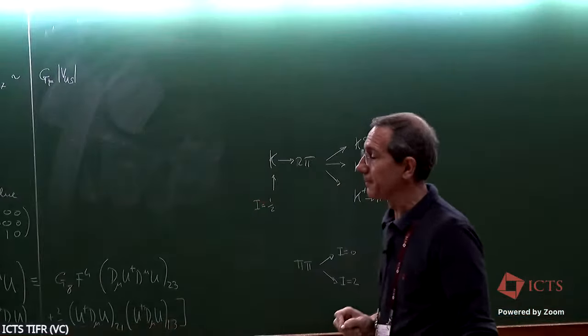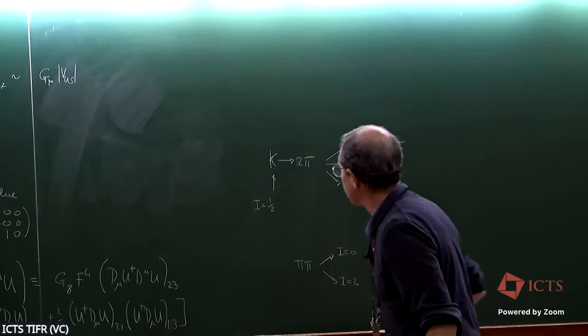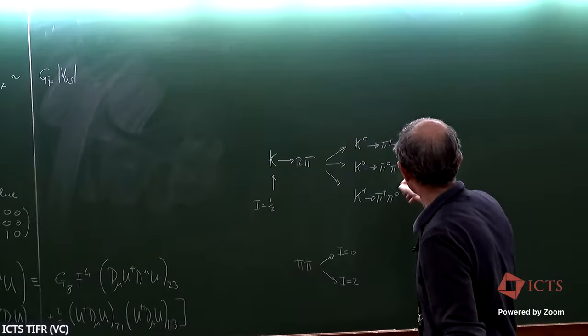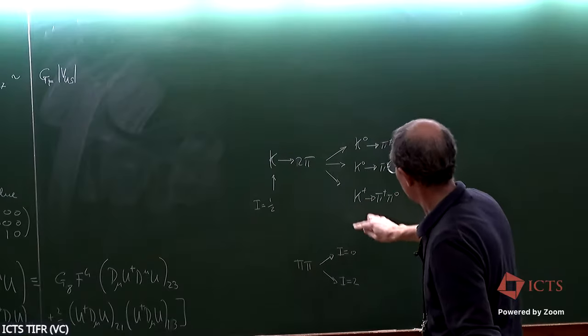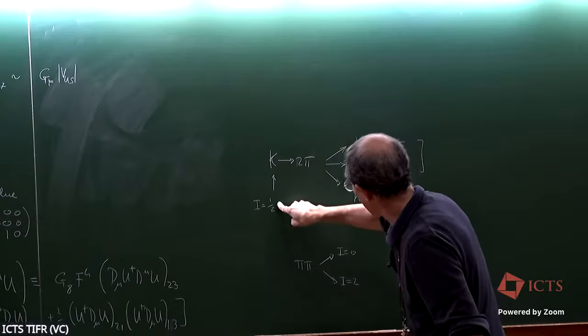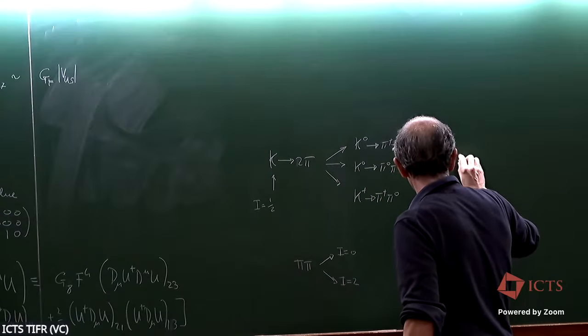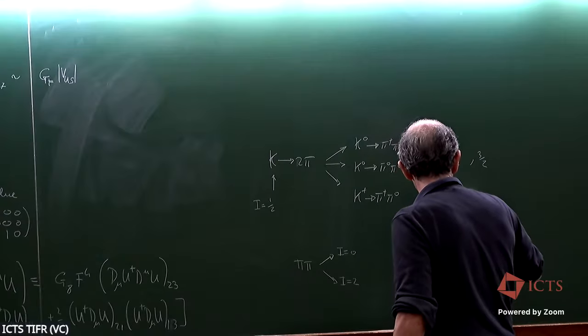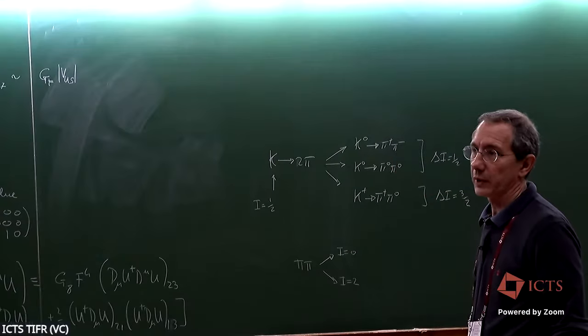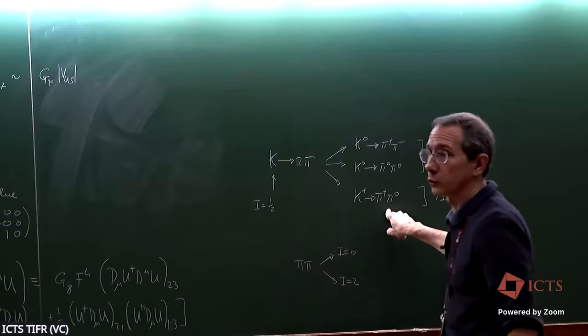It's a doublet. So if I have a doublet, here we can have a transition from 1/2 to 0 or 1/2 to 2. So here we have delta I equal 1/2 or 3/2. Well, in this case, delta I is only 3/2. Okay, because I need to pass from 1/2 to 2.